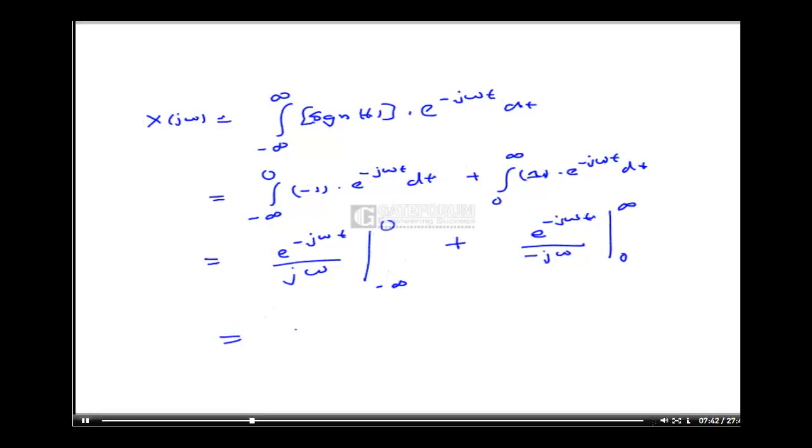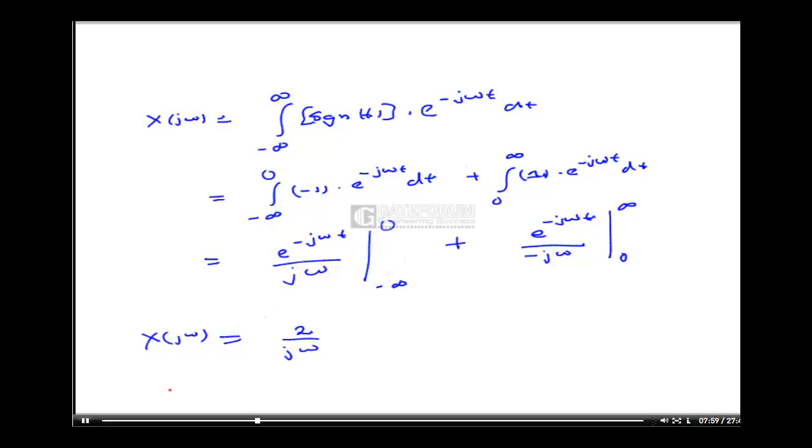This gives me 2 by j omega. The Fourier transform for signum function is 2 by j omega.